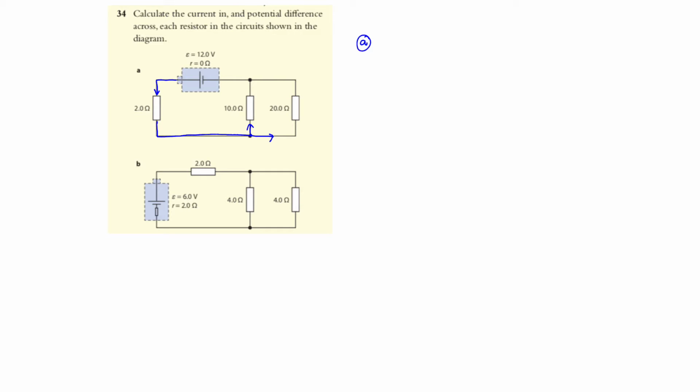First we can solve for the resistance of this, and the total resistance for that is 1 over 10 plus 1 over 20. Solving for that would be 6.67 ohms.